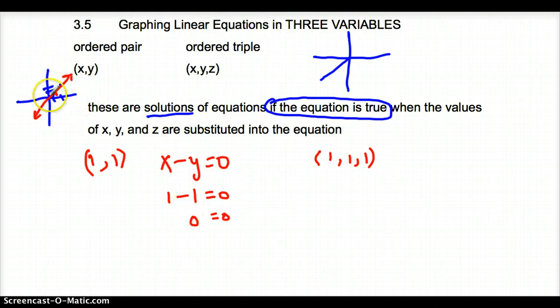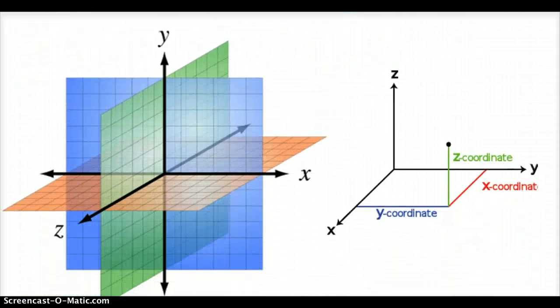You know how we talked about quadrants? We have quadrant 1, quadrant 2, quadrant 3, and quadrant 4 in a two-dimensional world. Well, in a three-dimensional world, we now have things called octants.